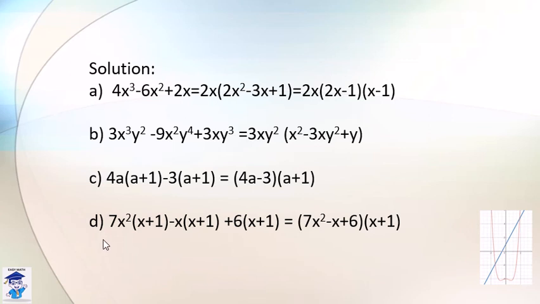Last question is 7x squared times x plus 1 minus x times x plus 1 plus 6 times x plus 1. So you can see that the same term is x plus 1. So you take it out, leaving 7x squared as the first term, the middle term is negative x, and last is plus 6. So this is the final answer.